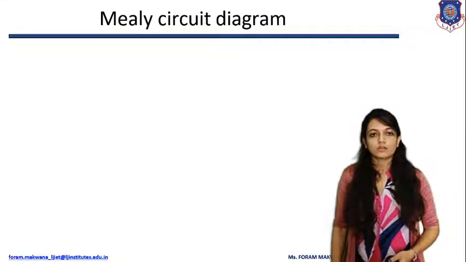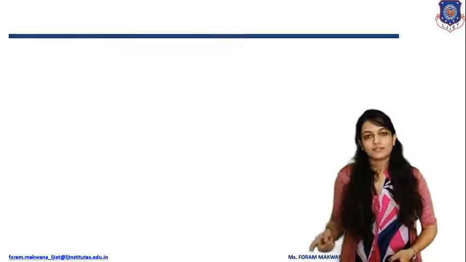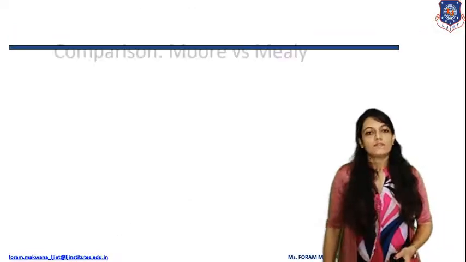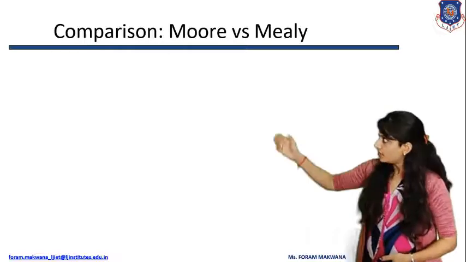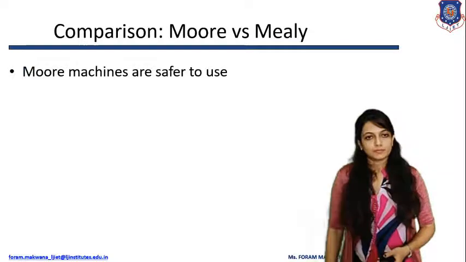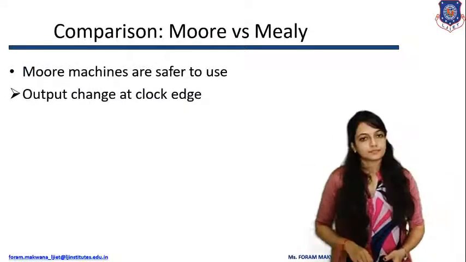Now, from the state table we have derived this circuit diagram, and now we are focusing on the comparison between Mealy and Moore. First of all, Moore machines are safer to use. Why?